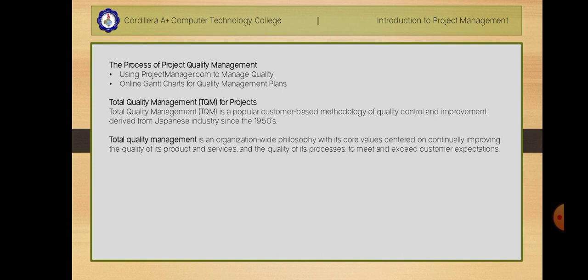So, total quality management. Our total quality management is an organization-wide philosophy with its core values centered on continually improving the quality of its products and services.